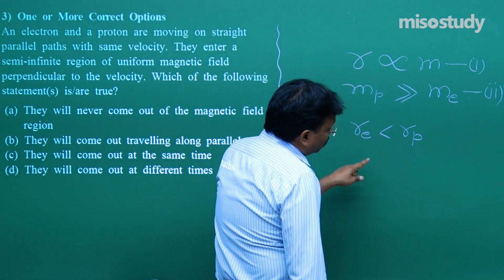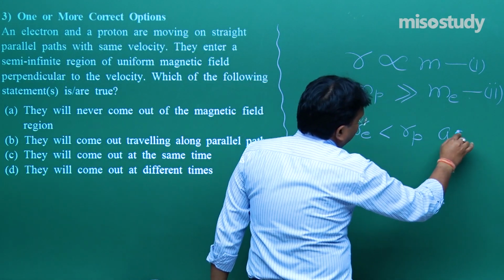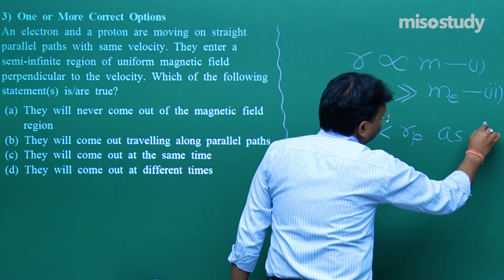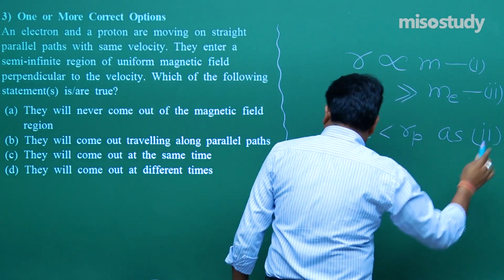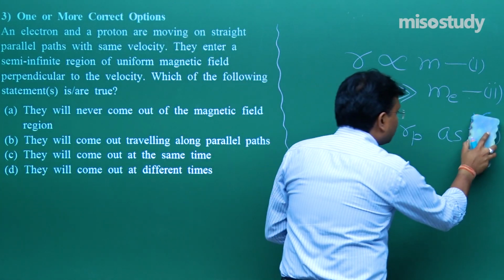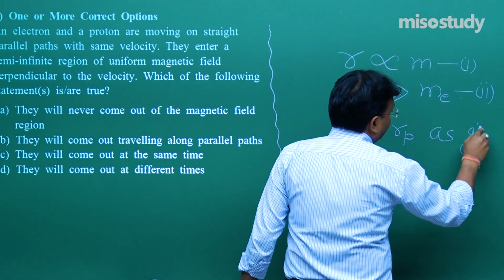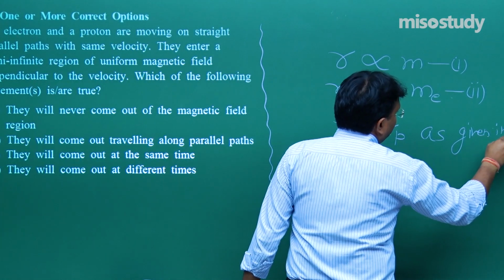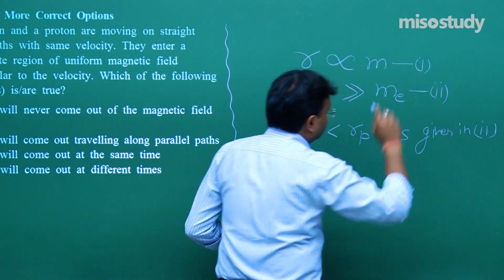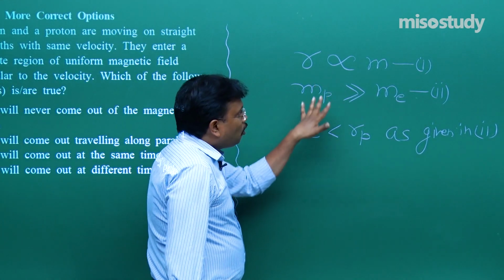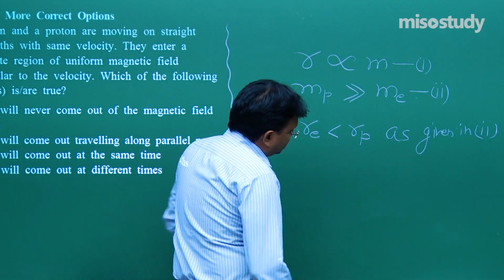So, if it is true as given in 2, fine, there is no problem with this particular explanation.